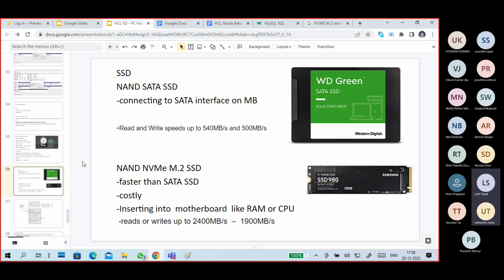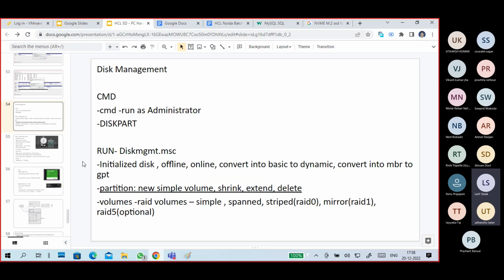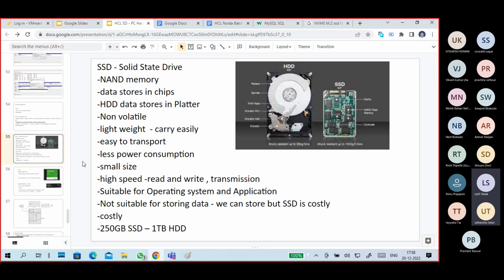If you want faster booting and faster application loading, you can go for an SSD. M.2 SSD is faster than SATA SSDs, and we can insert it directly. In cost comparison, M.2 is costlier than SATA SSDs. So these are the differences between hard disk and SSD, and about SSD also.